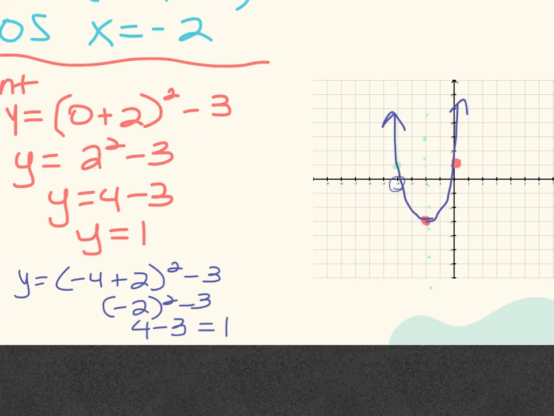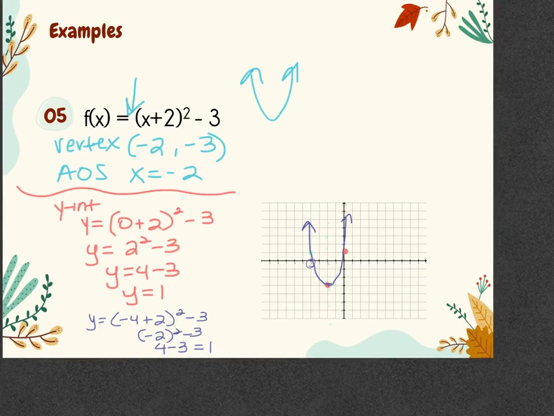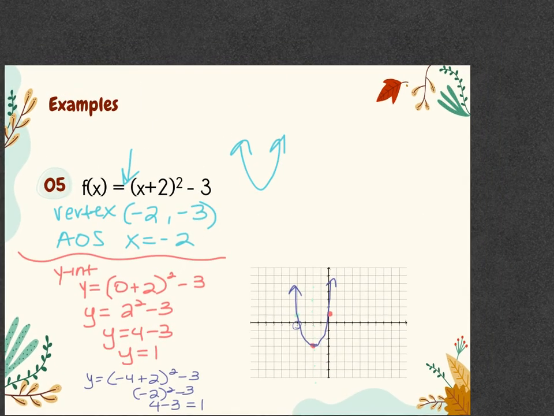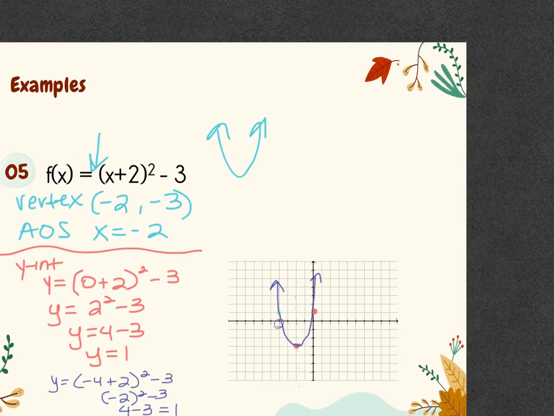Again, what you need is 3 points: the vertex, 1 to the right and 1 to the left. If it had asked for x-intercepts, we would have worked through that. So let's just say it had asked for x-intercepts. I would have then made the y 0, which is my f of x.